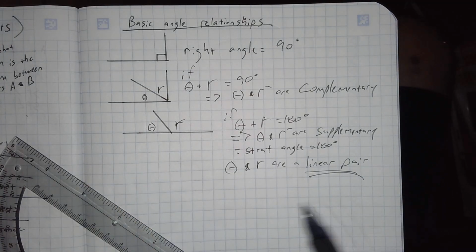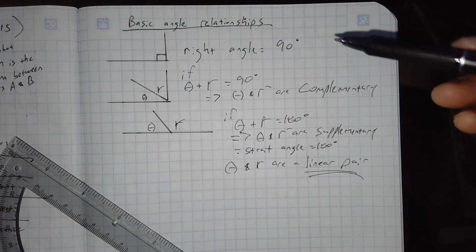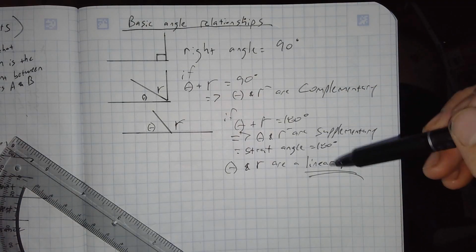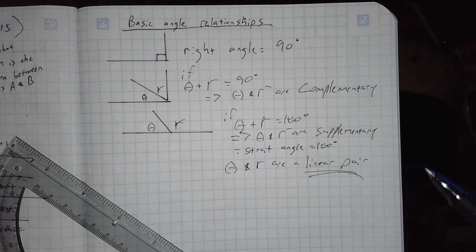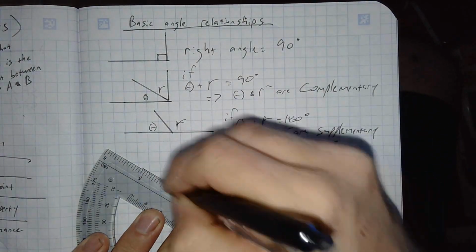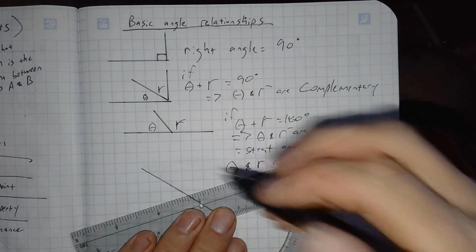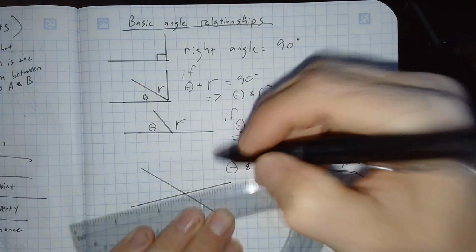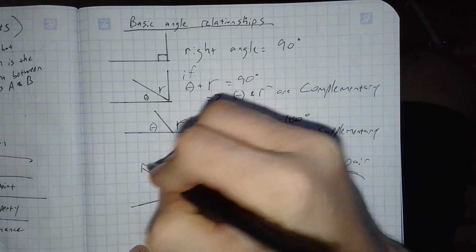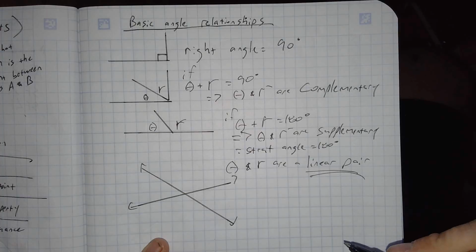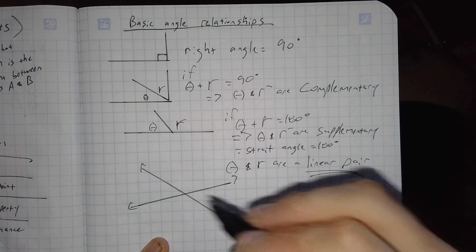Okay, those are some pretty basic angle relationships. Right angles, supplementary angles, straight angles, linear pair. Okay, so say I have an intersection of two line segments like this. Okay, you will always have two sets of linear pairs.